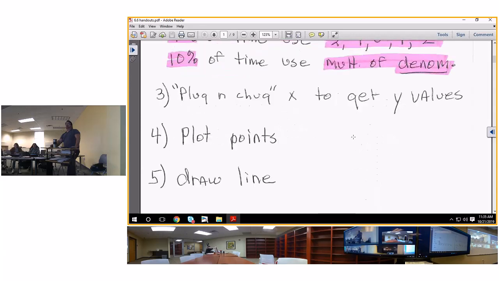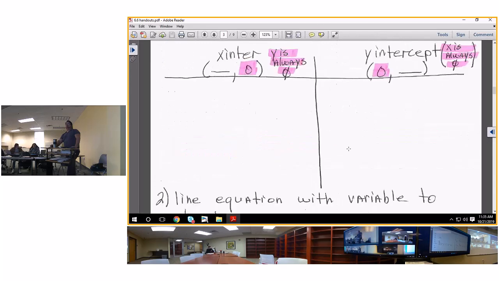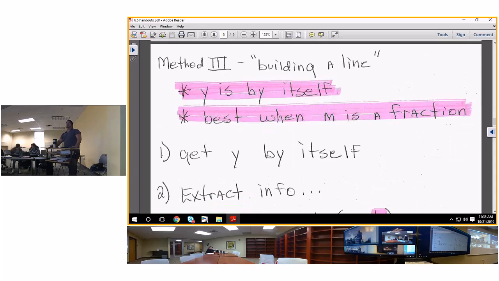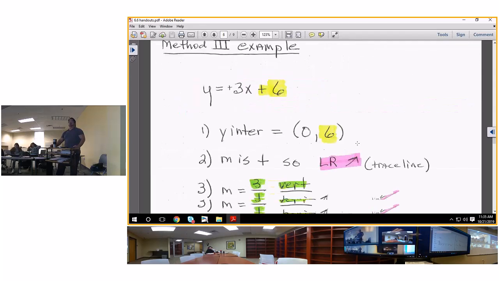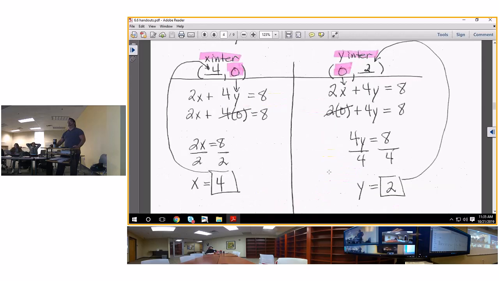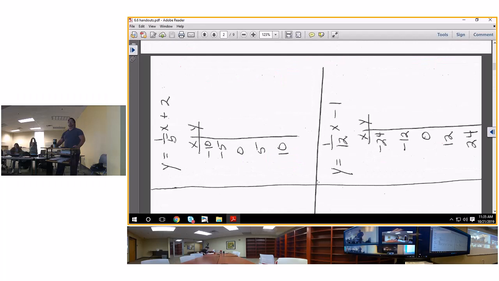Why don't I have a method 1 example? I was supposed to. No, that's method 2. Okay, we're going to do a method 1 example. I don't know why I don't have a method 1 example, but we're going to do one. Let me go to the whiteboard.